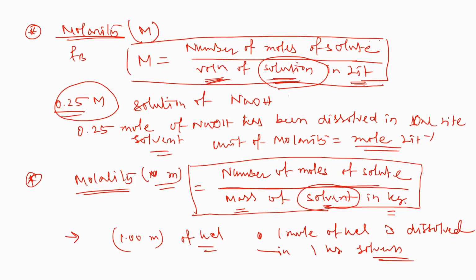But when we describe the molality, it is number of moles of the solute per solvent in kg, so the unit is mole per kg. But this kg is according to solvent, while this liter is according to solution. So this is the difference. Okay, so these are the important things.